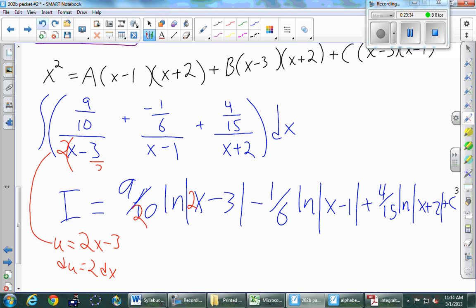So maybe this is, well, it's not a double fraction yet. I mean, it's a 9/10 over 2x minus 3. If you wanted to factor the 2 out of this thing, you could. I didn't, that's not what I thought you were saying. That's not what you were saying, was it? I was just saying I might get rid of that 9/10 over this thing by multiplying 9/10 by 1 and ending up with something simpler.